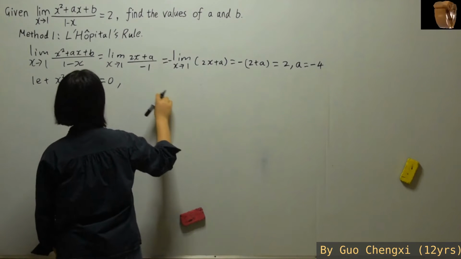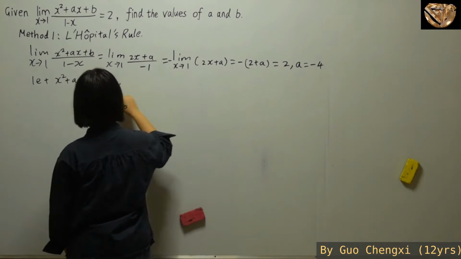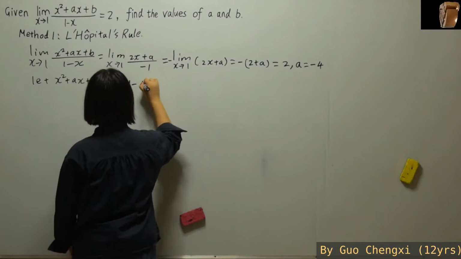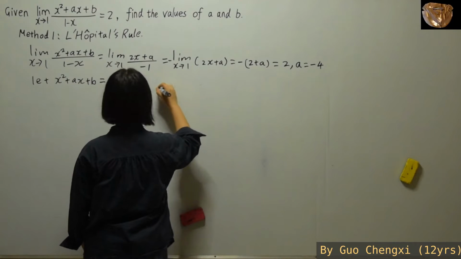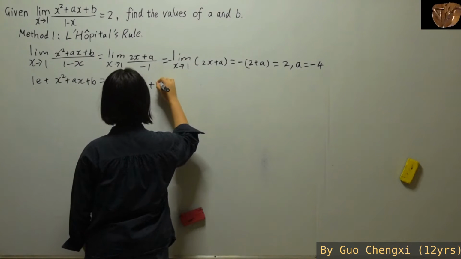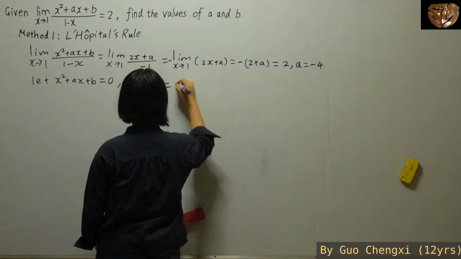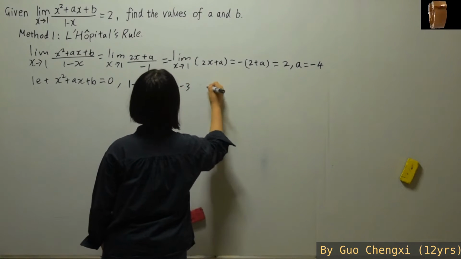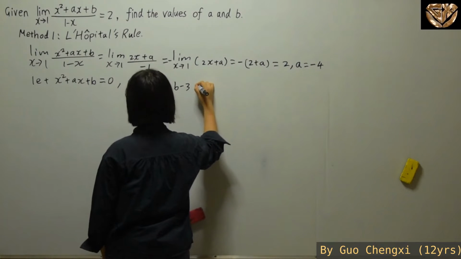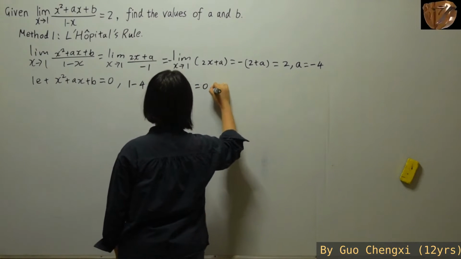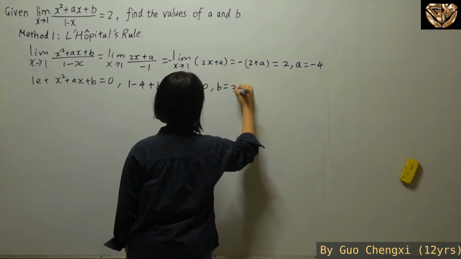Since we know what a is, b minus 3 will be equal to 0, and thus b is equal to 3.